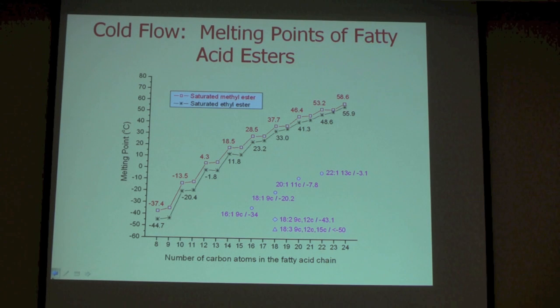Some sources say it's minus 52, it might even be lower. Might be worthwhile noting, I don't have any data here for the highly polyunsaturated fatty esters like you can find in the algal or fish oils. They'll probably be off the chart here, so probably even below the C18:3.